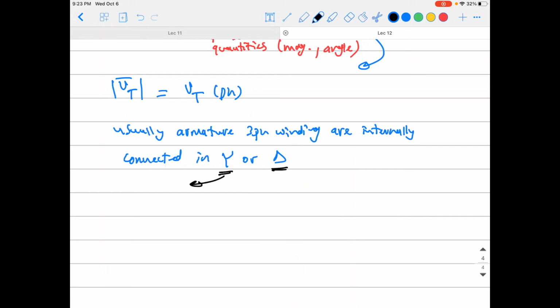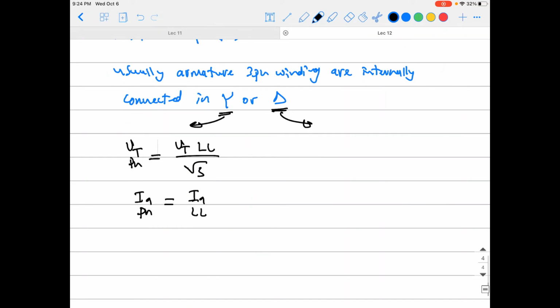If it is a Y connection, that means the V terminal per phase will equal V terminal line to line, which is mostly given, divided by square root of 3, while the I armature phase will equal directly the I armature line to line, or the I of phase A per phase equals the I line to line, because that is how the connection Y works. Refer back to the second lecture if you just forgot this.